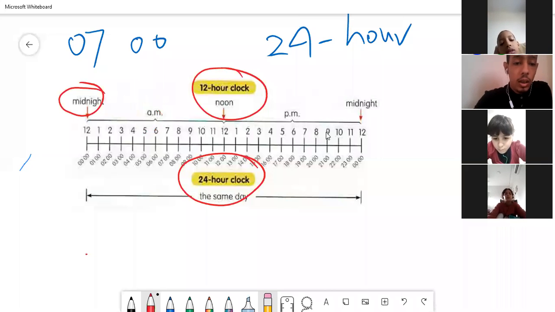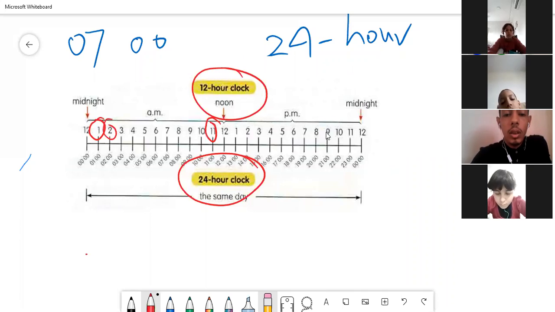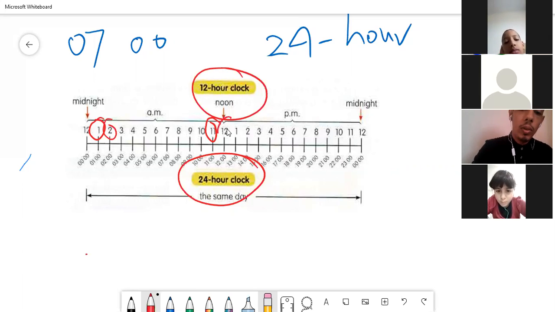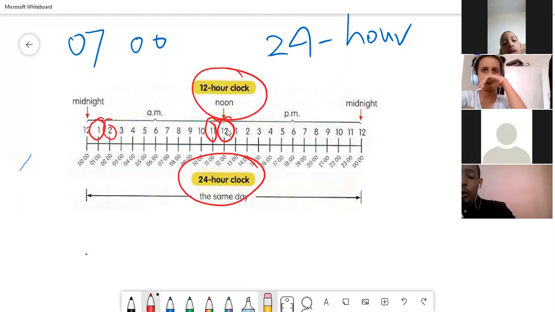Then after that, 1 AM, 2 AM, 3, 4, until 11 AM. Then we say it is 12 PM, when it is noon.